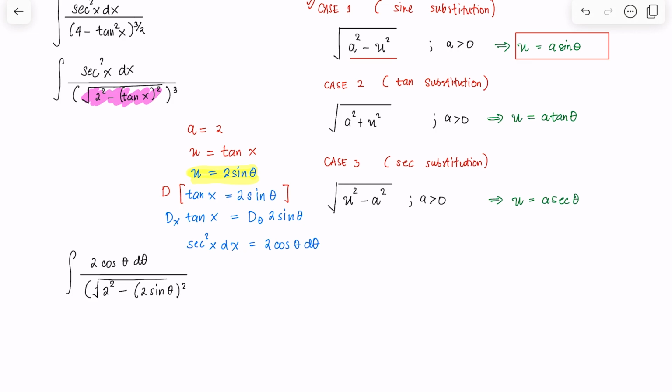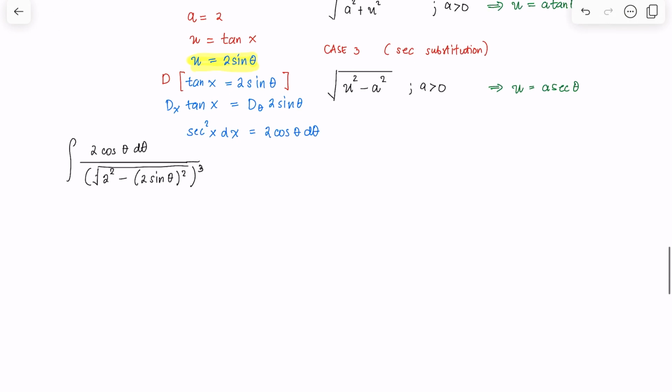Do not forget that everything is raised to the power of 3. Moving on with further simplification, we copy the numerator, 2 cosine theta d theta. In the denominator I'm going to factor out 2 squared, so it becomes 2 squared minus 2 squared sine squared theta, to the power of 3. I'm not going to skip steps so that you will not get confused.